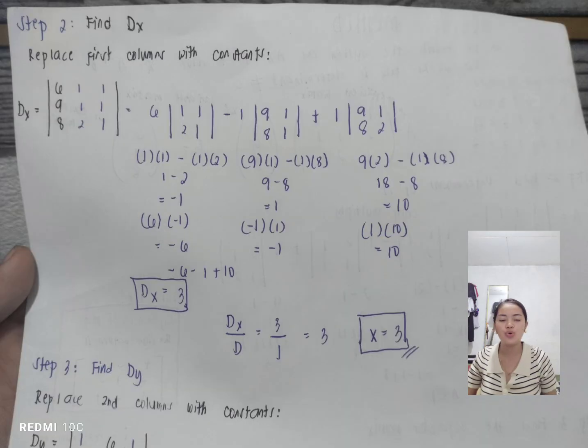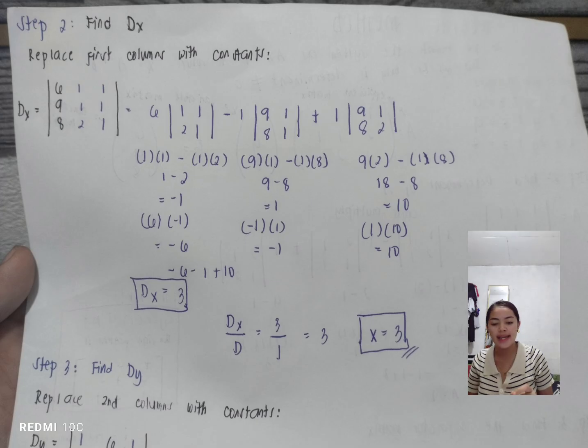For step 2, since we have now our determinant, we need to find the dx. So, in finding the dx, we need to replace the first column with constant. Remember that our constant is the 6, 9, and 8. So since we are finding the dx, we need to replace the x part with its constants.